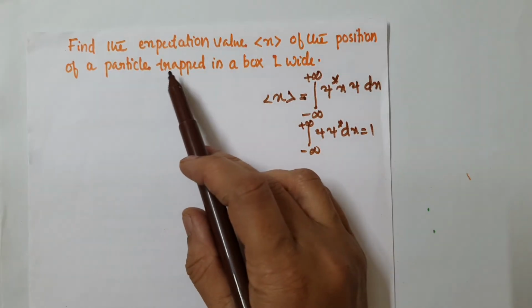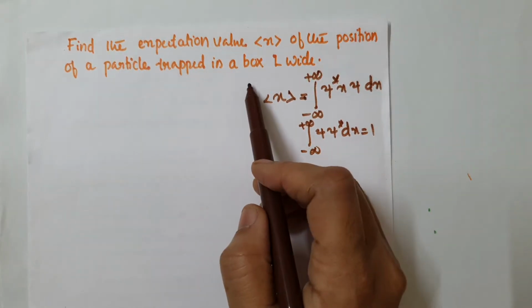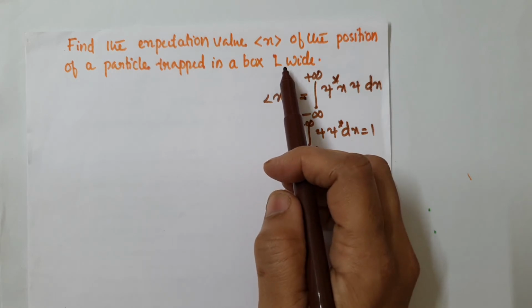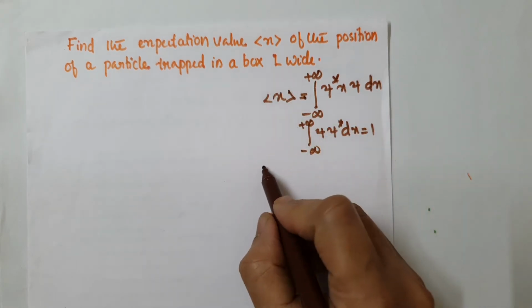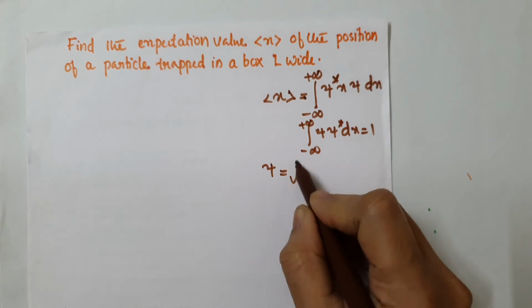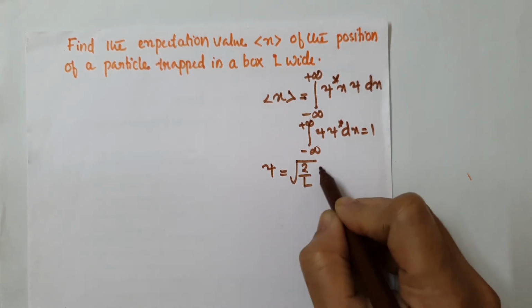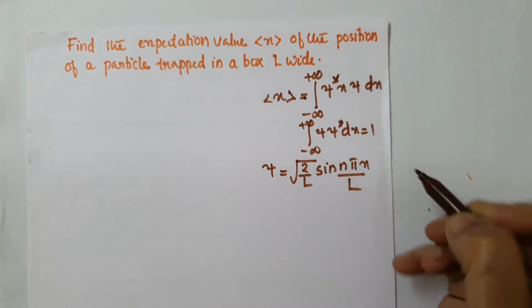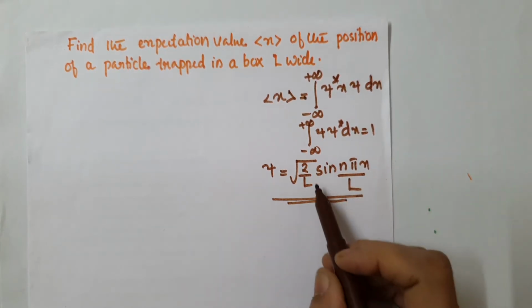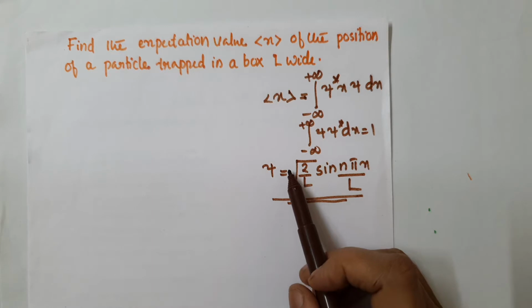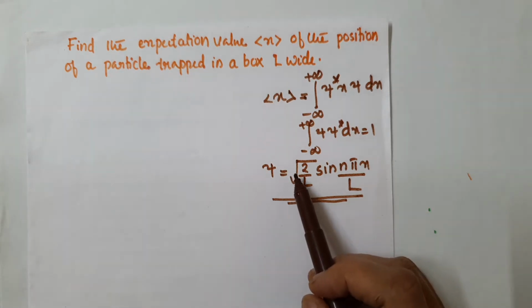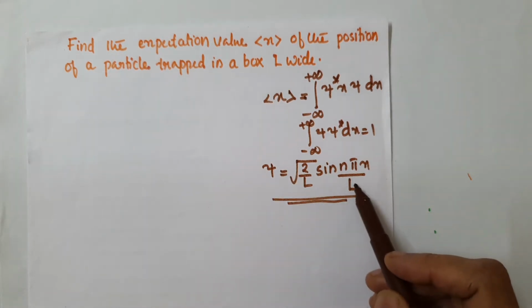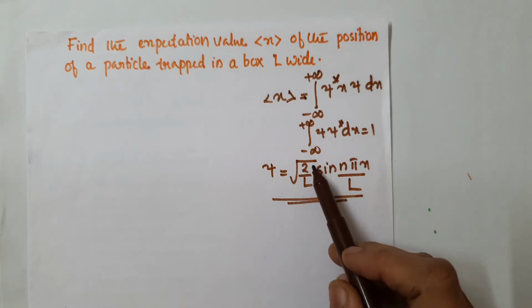And the wave function for a particle which is trapped in a box of width L is given by psi equal to root 2 by L sin n pi x by L. This is the normalized wave function for a particle trapped in a box of width L, and root 2 by L is the normalization constant.